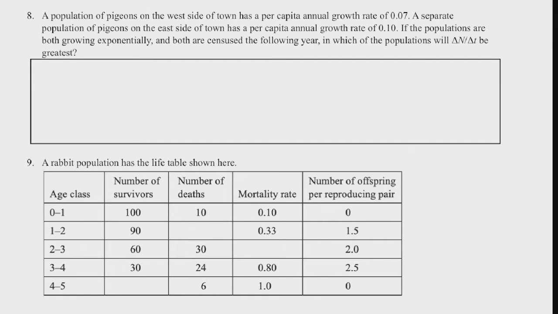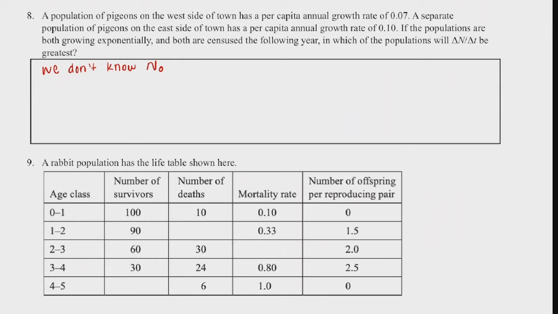So we don't know n naught, which means we don't know how large initially the populations are. So we can't determine which ratio will be greatest, because if the two populations are equal, or if the population on the east side is larger than the west, delta n over delta t will be greater on east side.